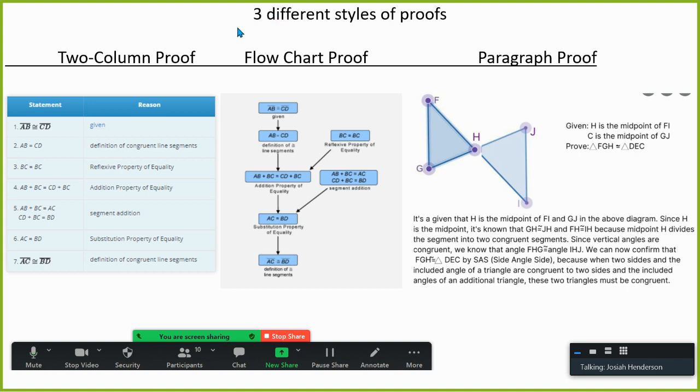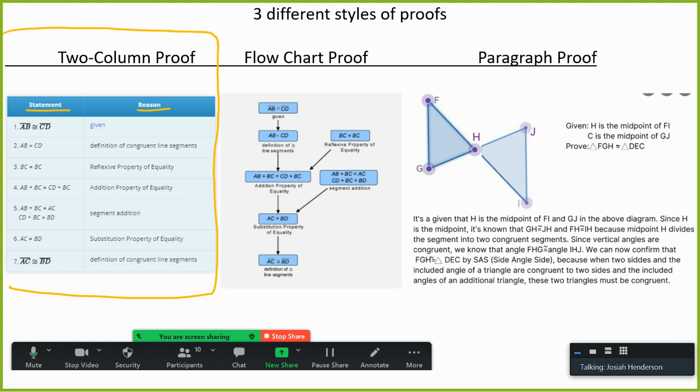I wanted to just point out we can do proofs in different styles. Everything we've done so far, yesterday and today, were these ones on the left of our screen, 2-column proofs, where you write your statements, you write your reasons, and then you just list every thought process one at a time until you get to what you want to prove at the bottom. You can also organize this in a different style using these other two ways.